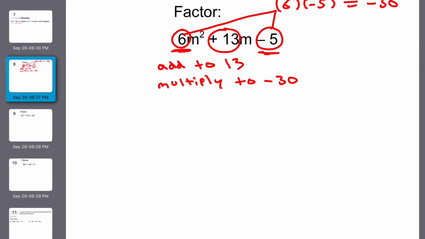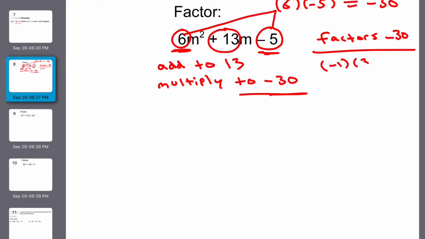Let's list our factors of -30 to see if we can come up with the magic numbers we need. We need to find the ones that add to +13. So we can do -1 and 30. That won't add correctly. We can do +1 and -30. Also not good.